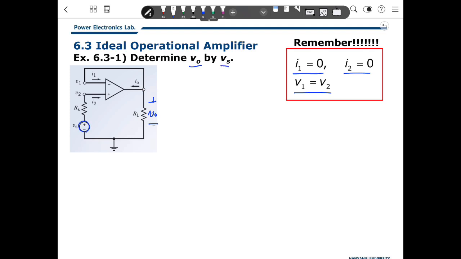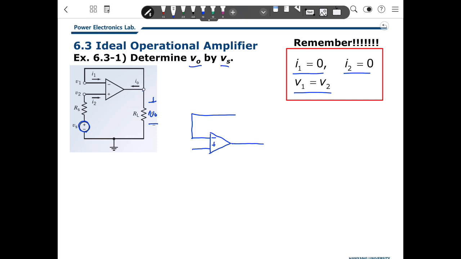And we redraw this circuit again. Why? I recommend you draw the electric circuit as much as possible. That will be very helpful to understand the circuit. This is the op-amp.